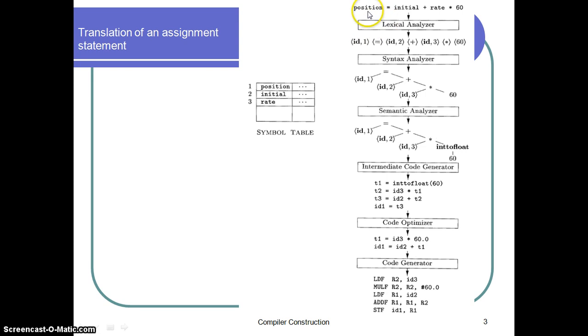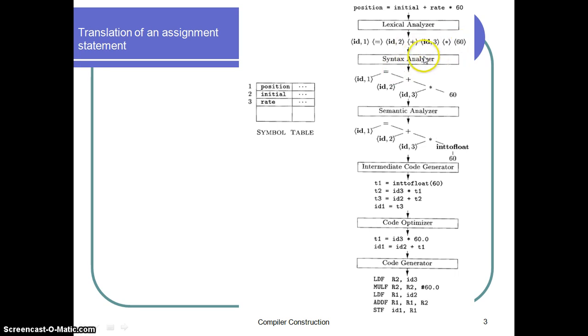That means position will have <id, 1>, where that 1 gives the entry in the symbol table. Similarly for initial, we have <id, 2>, and for rate it will have <id, 3>. 60, as it is a constant, will be taken directly as 60.